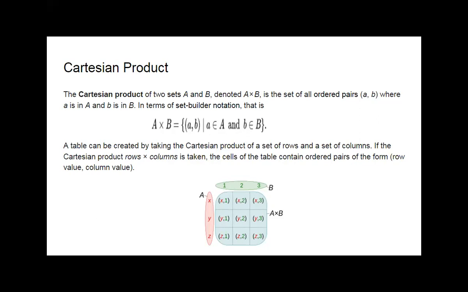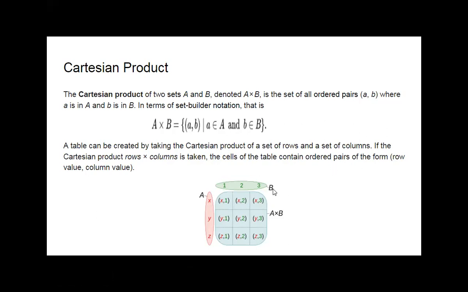Now see in the diagram. A is the set {X, Y, Z}. These are the elements of set A. You can see my cursor as I am moving it.